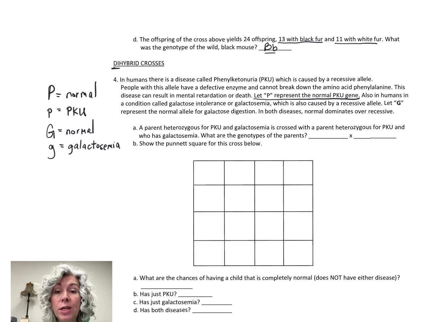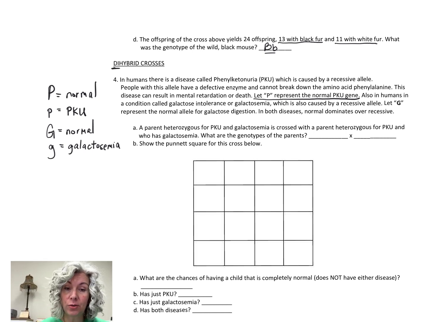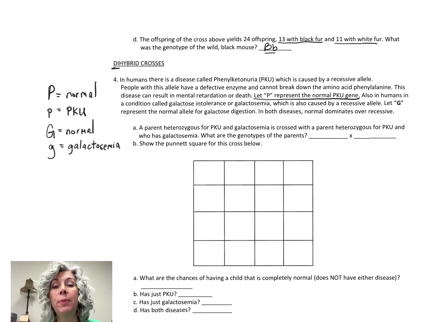We're set up. Question A: a parent heterozygous for PKU and galactosemia is crossed with a parent heterozygous for PKU again, but has galactosemia. What are the genotypes of the parents? All right, a parent heterozygous for PKU. You know hetero means different, so we're going to have a capital P and a lowercase p.